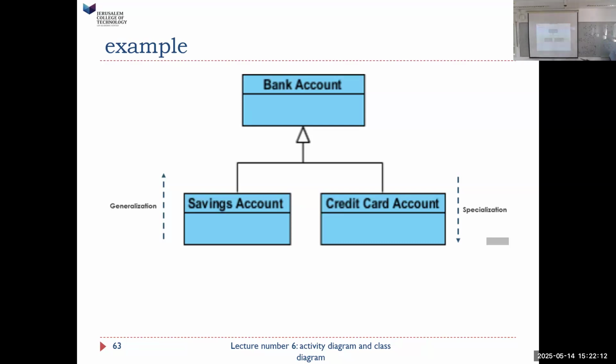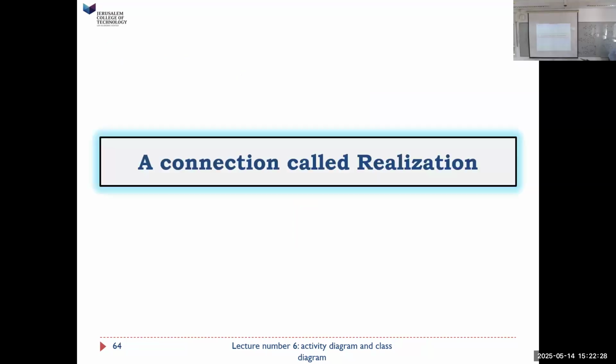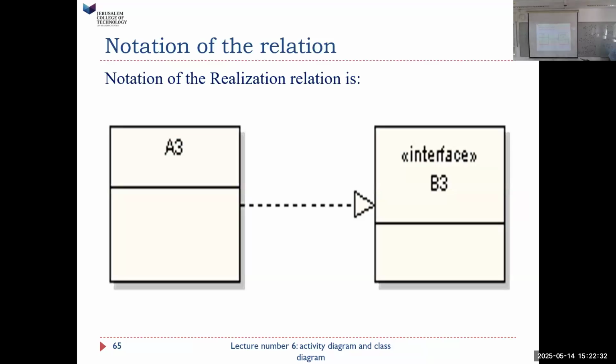In Java, you would also call it an interface. It just tells you how you're supposed to relate to this thing, but it's not implementable. All right. There's a connection called the notation of the realization.